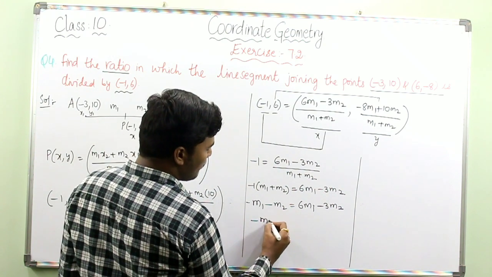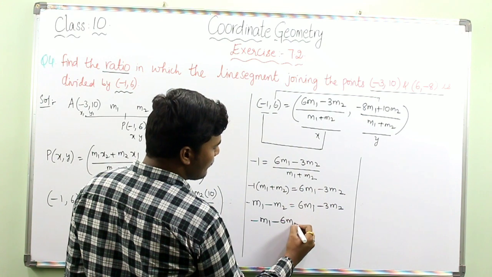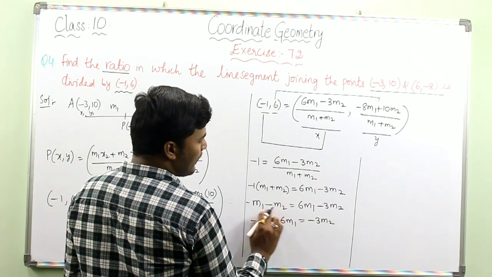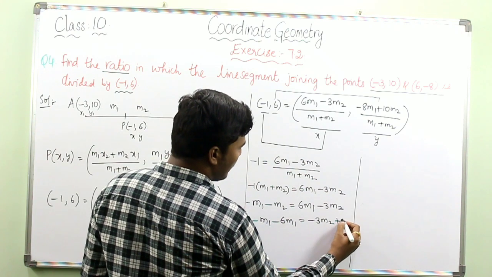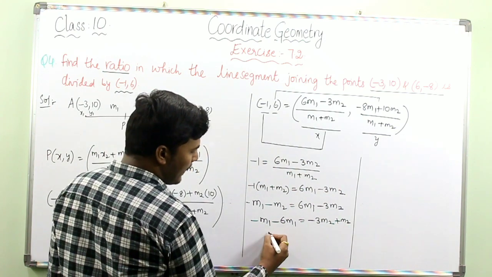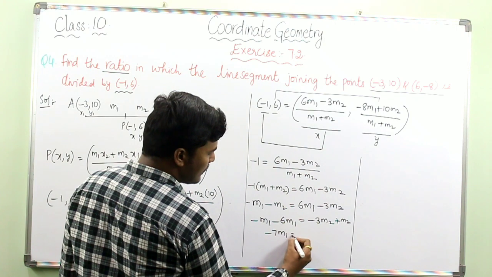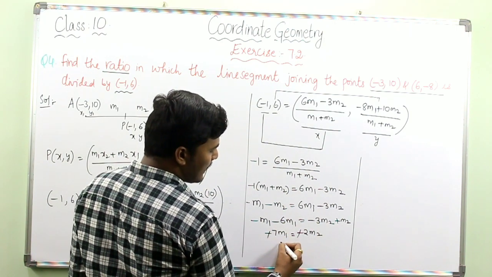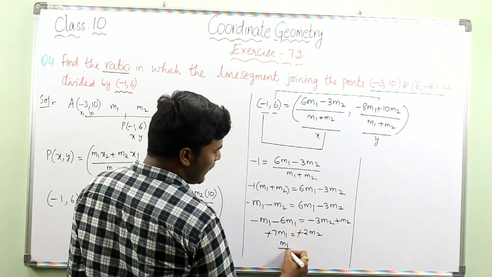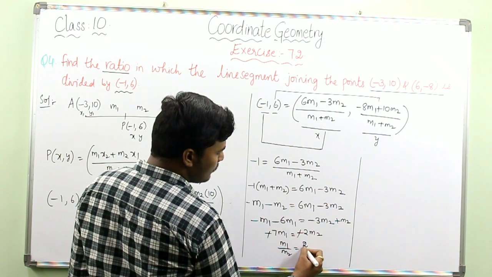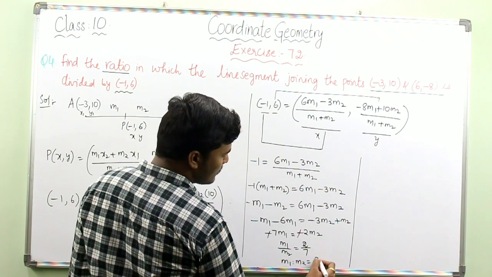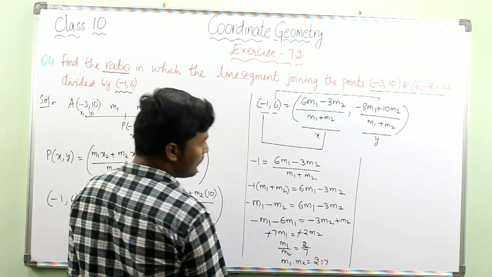So it will become minus m1 minus 6m1 is equals to minus 3m2 minus m2. If you shift that side, it will become plus m2. Then I have minus 7m1 is equals to minus 2m2, minus minus cancel on both the sides. Then I have m1 by m2 is equals to 2 by 7, which is nothing but m1 is to m2 is 2 is to 7.